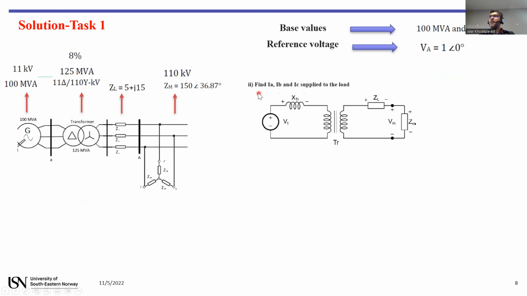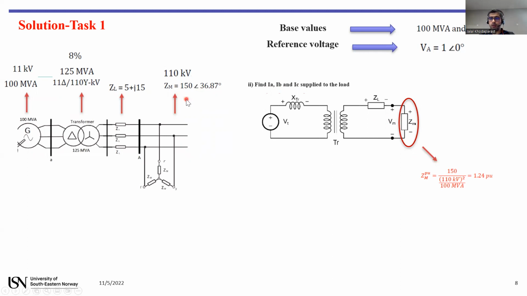However, in subtask 2, we have to calculate the currents IA, IB, and IC on the load side here. According to the input data, the amplitude of the impedance of the load is 150.